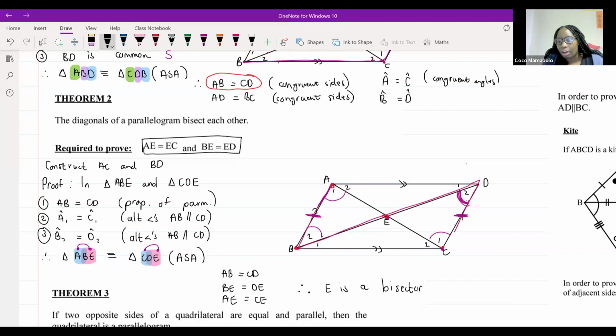It's cut each of them in half because they're equal to each other on each side. And therefore, the diagonals of a parallelogram bisect each other.